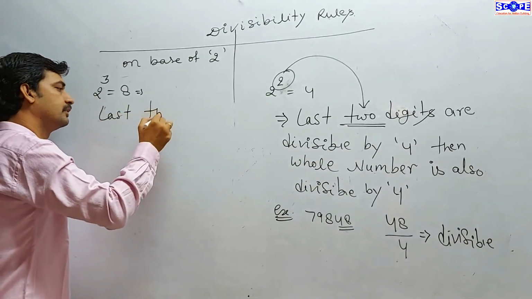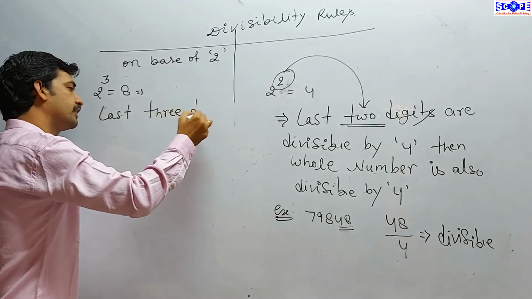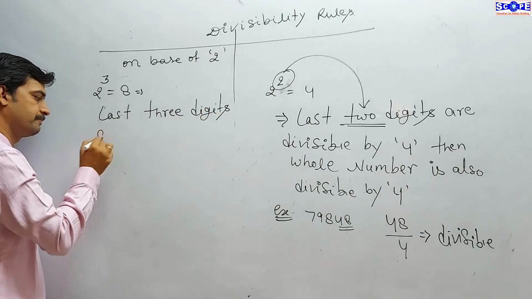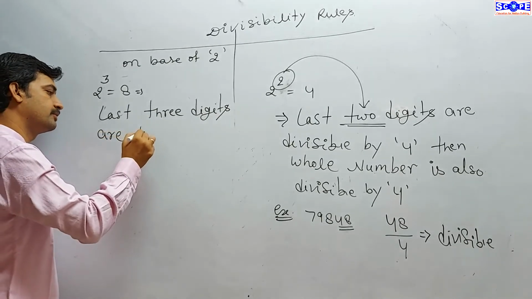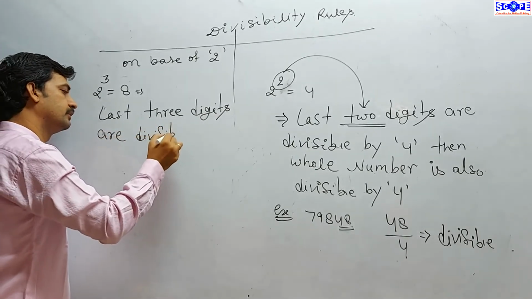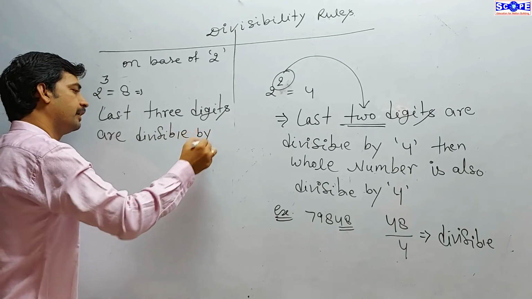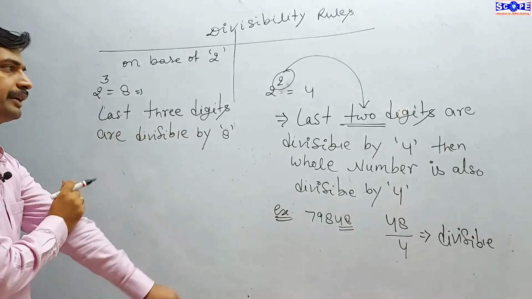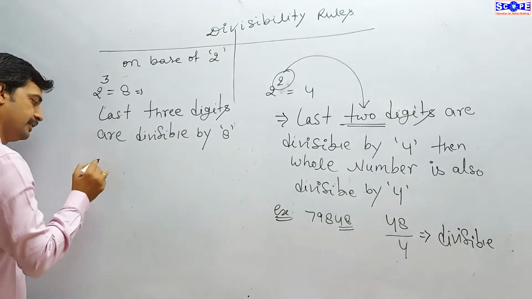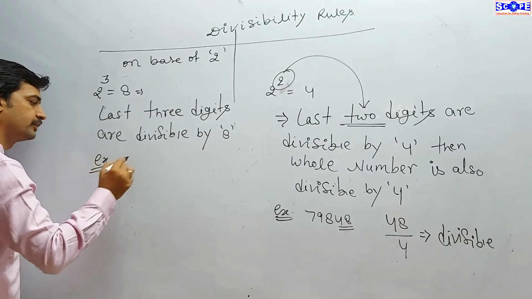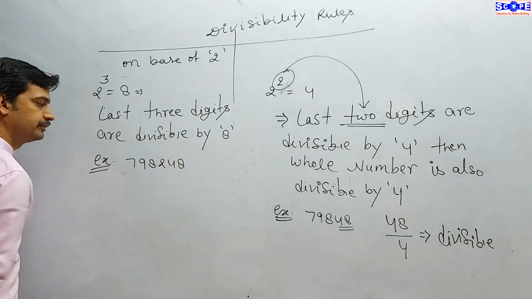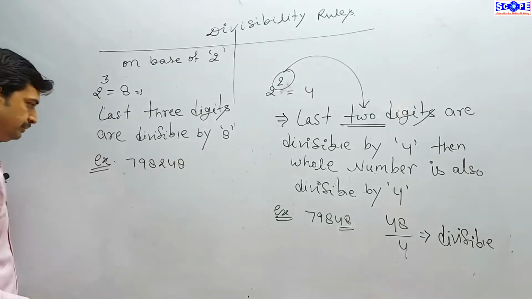Last 3 digits are divisible by 8, by the rule of 8. Then the complete number is also divisible by 8. For example, we are taking 798248.